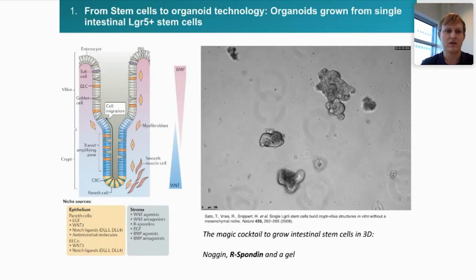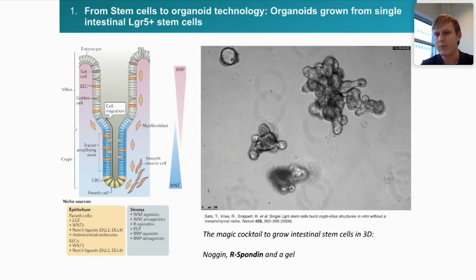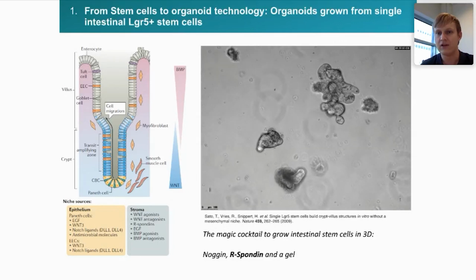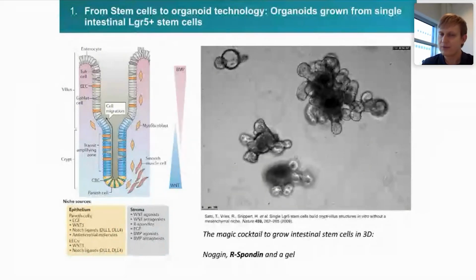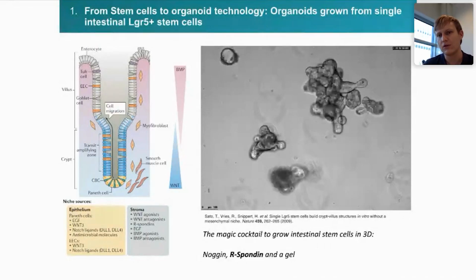We tried to recapitulate what is happening in terms of growth factor environment and so on in the intestine, in the human body, or in the mouse, and you provide these factors, and this allows these individual adult stem cells to grow and form structures that remarkably represent different aspects of the adult organ. This was really the initial stage, the first organ that was grown, these so-called mini guts.